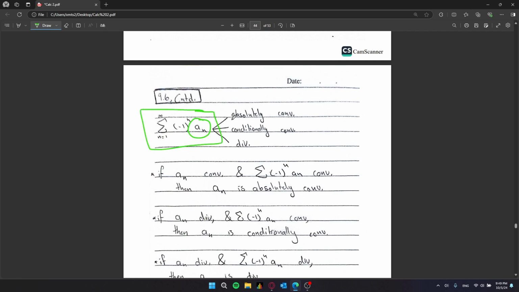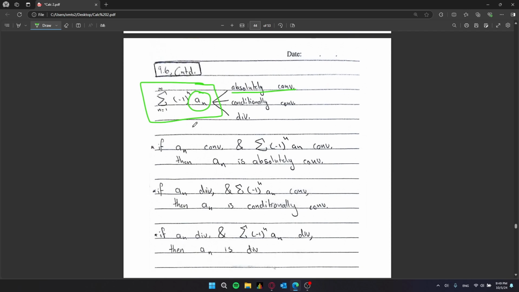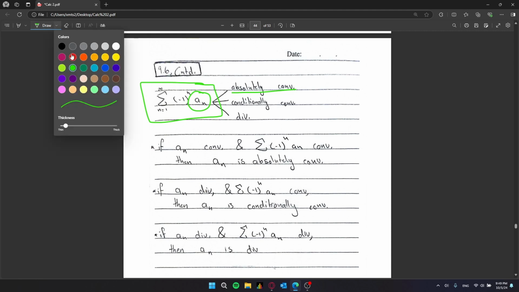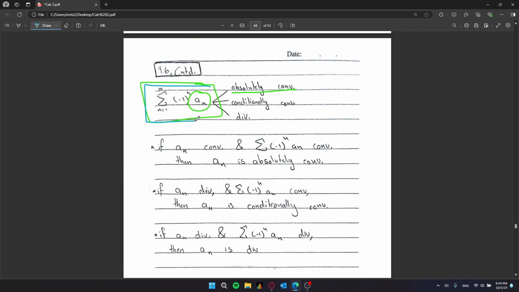If the summation of the absolute value of a of n is divergent but the summation as a whole is convergent, then we consider it conditionally convergent. And if neither is convergent, then it's just divergent. That makes sense, hopefully. So that is how you determine if it's absolutely or conditionally convergent.